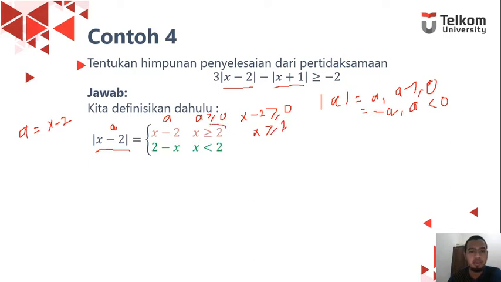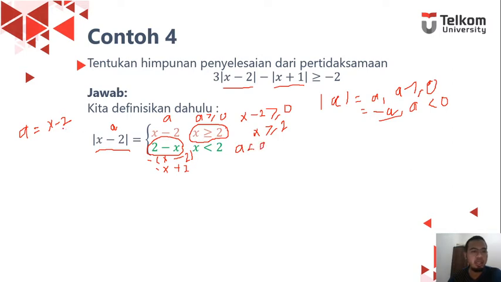And the last one will be minus a, means that minus x minus 2. So that means minus x plus 2. In another term, we can define this as 2 minus x, when the condition a is less than 0.